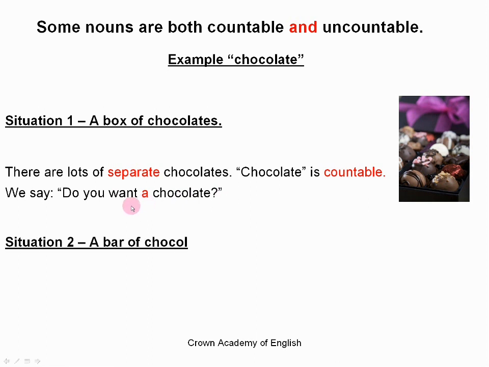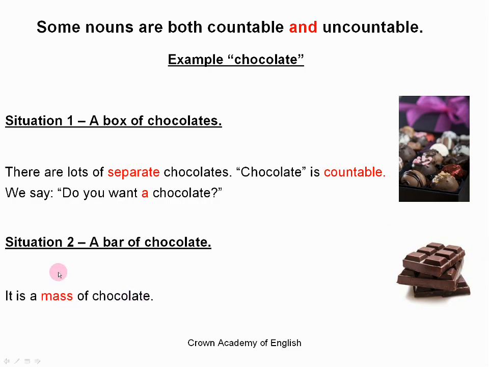But in a different situation, in a situation where we are talking about a bar of chocolate, like here, then that is different. This time, it is a mass of chocolate. It is not separate. Chocolate, in this example, is uncountable.